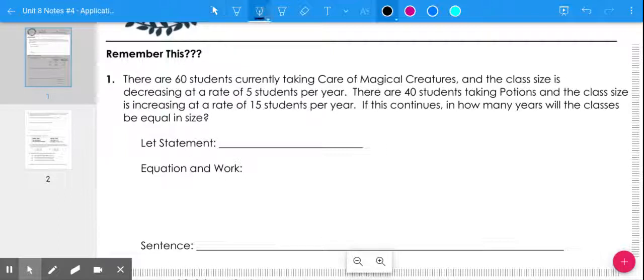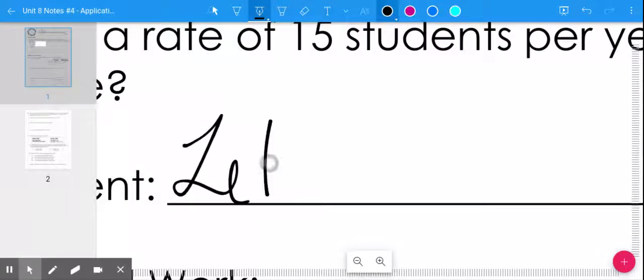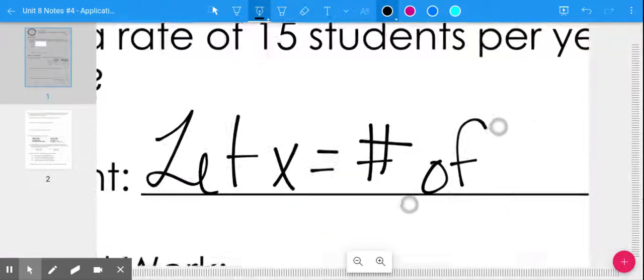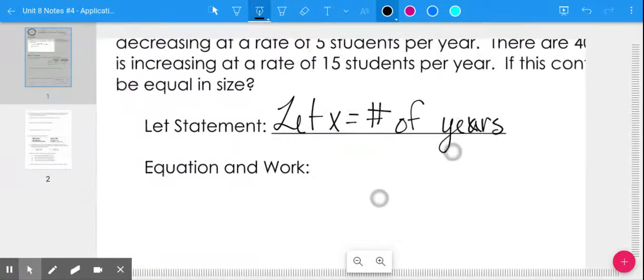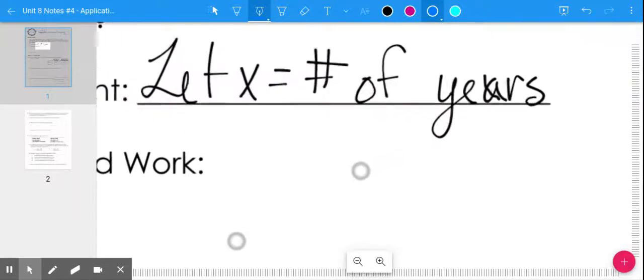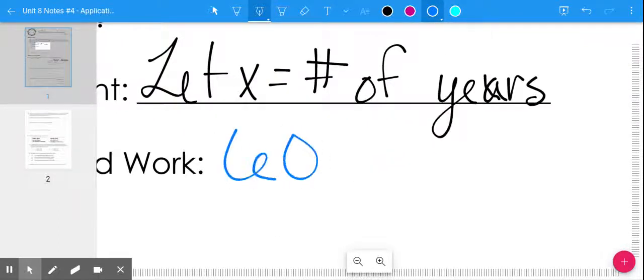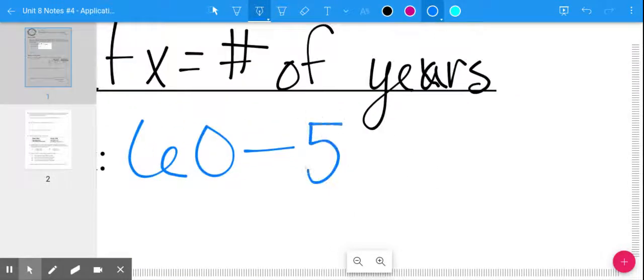That right there is what we're asking. How many years? So we're going to let x equal the number of years. Okay, so now we're going to write our equation. We're starting with care of magical creatures, which starts with 60 students, but they're decreasing at a rate of 5 students per year, so 5x.